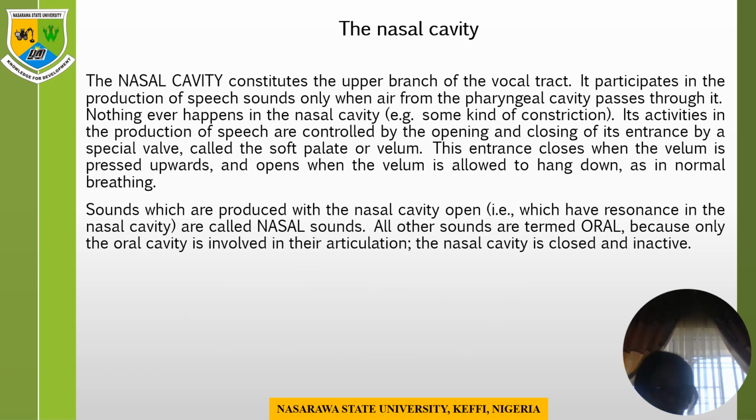The nasal cavity. The nasal cavity constitutes the upper branch of the vocal tract. It participates in the production of speech sounds only when air from the pharyngeal cavity passes through it. Nothing ever happens in the nasal cavity, for example, some kind of constriction. Its activities in the production of speech are controlled by the opening and closing of its entrance by a special valve called the soft palate or velum.